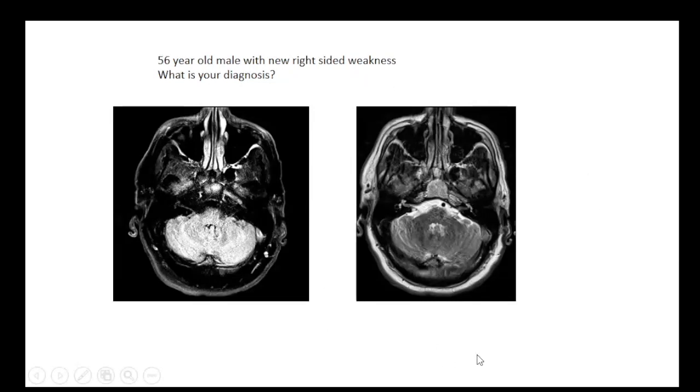All right, here's a patient with new right-sided weakness. So I want you to look at these two images and tell me what you think is going on in this patient. Okay, so we're going to give you another poll now. So, do you think this patient has an acute pons infarct?